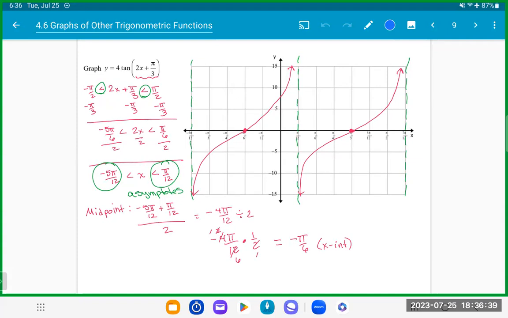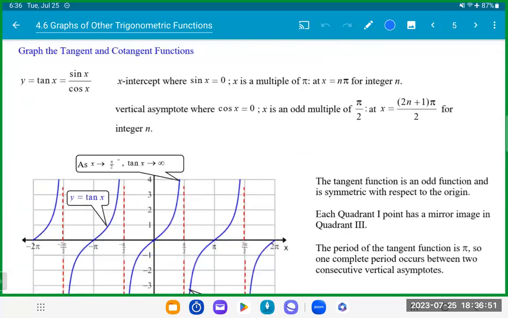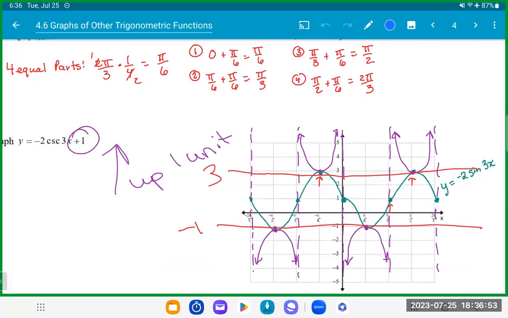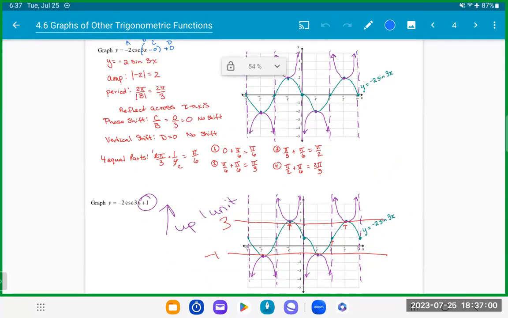All good? Michael, could you go to the secant one or the cosecant graph? The cosecant? Yeah. Just take a picture. All right, thank you.